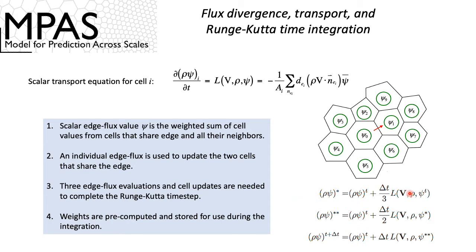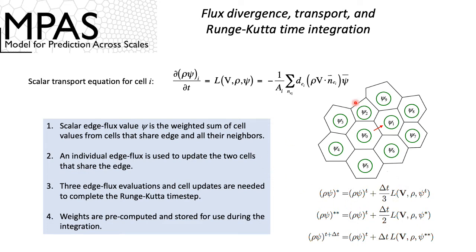It's essentially a 3-step process where you step the solution forward to produce preliminary values. You reevaluate those flux divergence operators, those mass scalar flux operators, produce another predictor, another preliminary value, and apply those operators again to then take the full time step. And you can show that this is a third order accurate scheme for scalar transport.